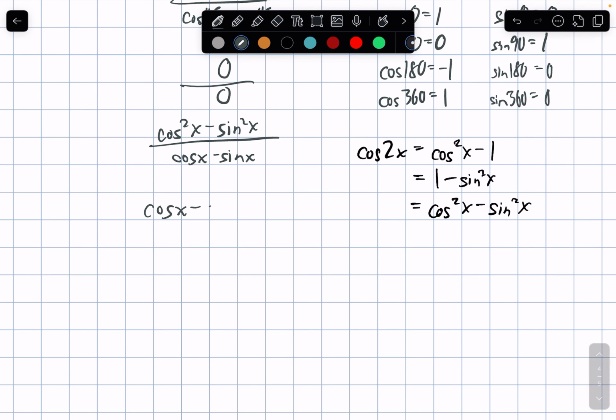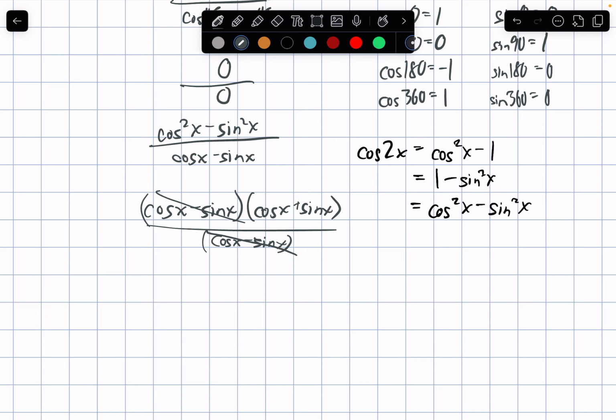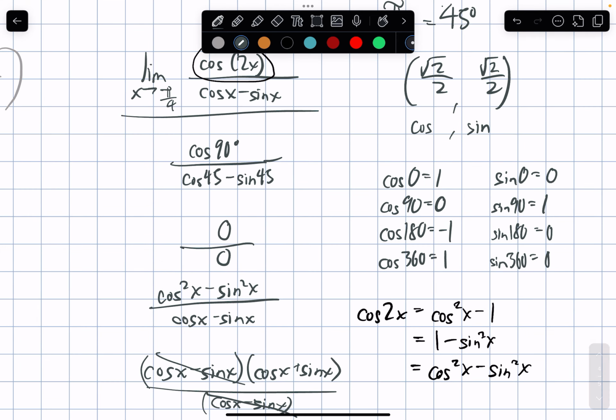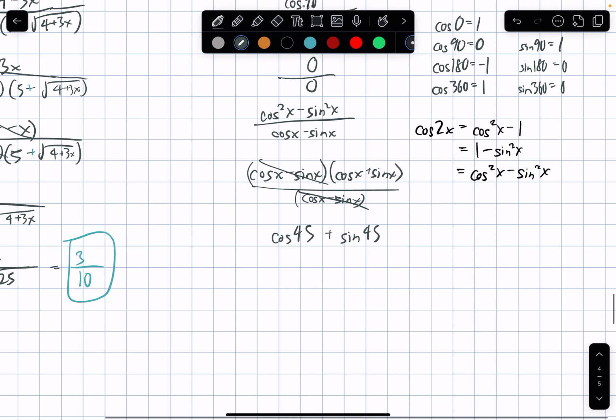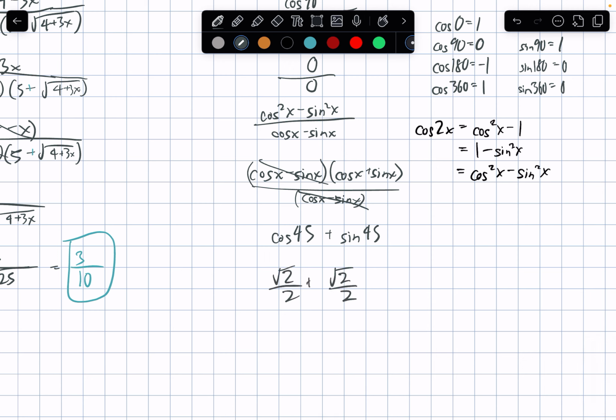In the numerator, we could rewrite it as this. Cancel. So we have this instead. Let's start substituting already. So cos 45 plus sine 45, well, that's going to be square root of 2 over 2 plus square root of 2 over 2. This is the answer. Okay, so that is it.